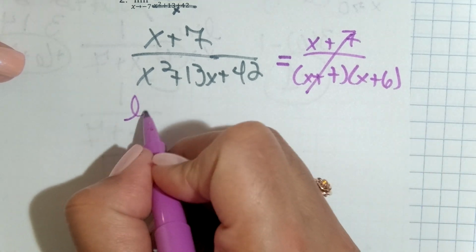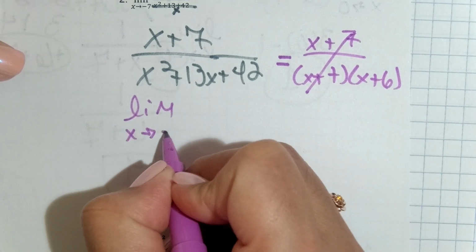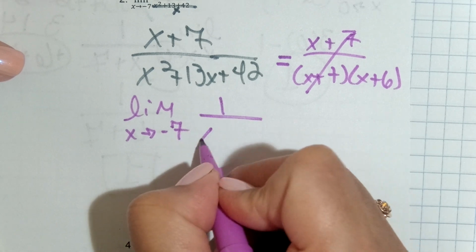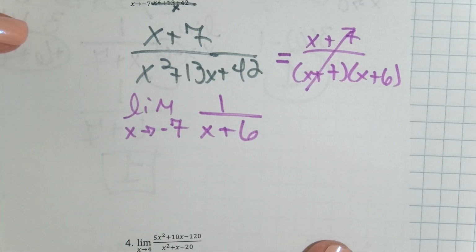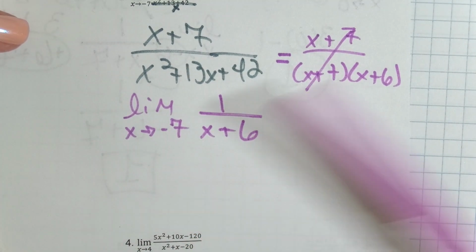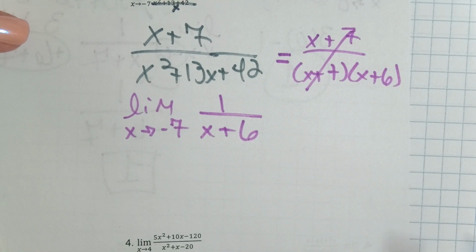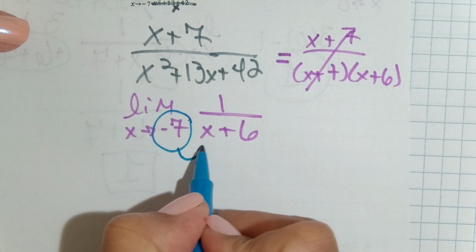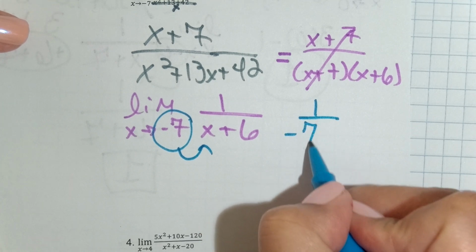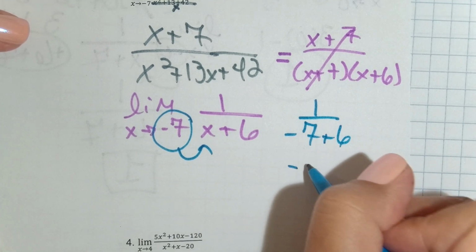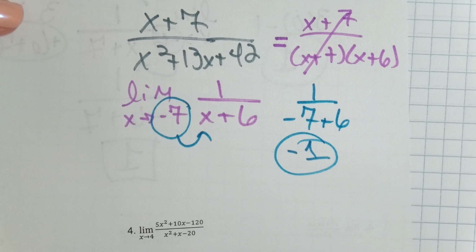What will go in the numerator then? Am I done? No, what do I do? Evaluate. So it'll be 1 over negative 7 plus 6, and that gives me negative 1, I believe. Right? All right, we'll finish this tomorrow.